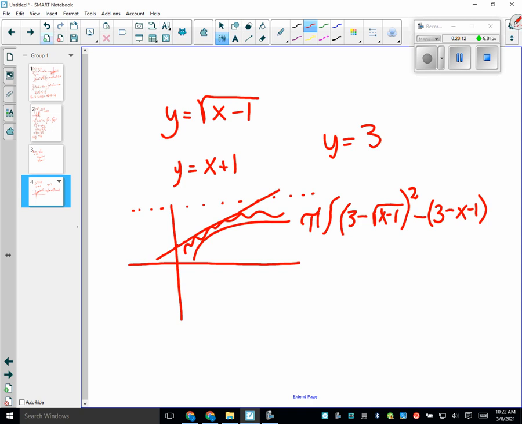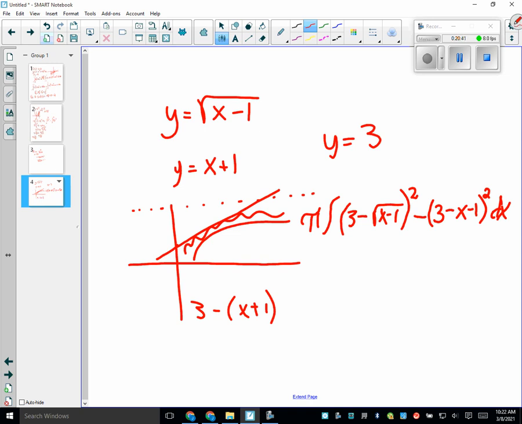Can I put x minus 1? Why are you doing that? So why don't we take the radical away? Okay, I distributed the negative. So then wouldn't you have to do plus x? No, this is negative. Isn't it 3 minus x plus 1? Isn't that that?